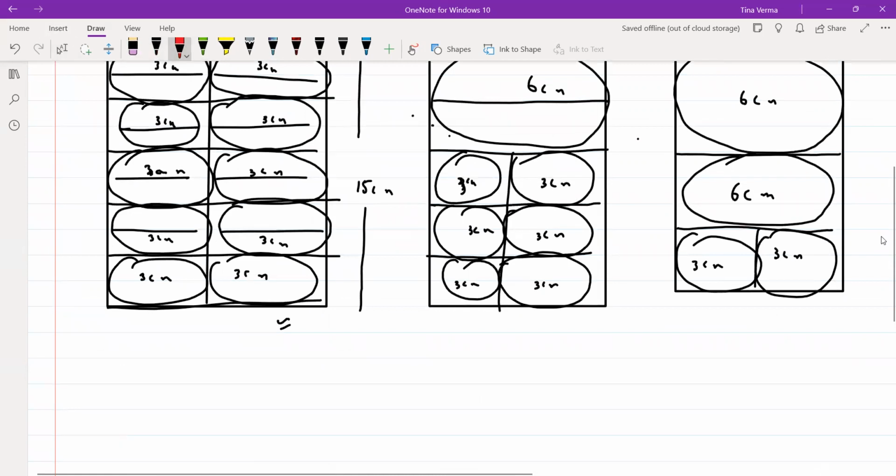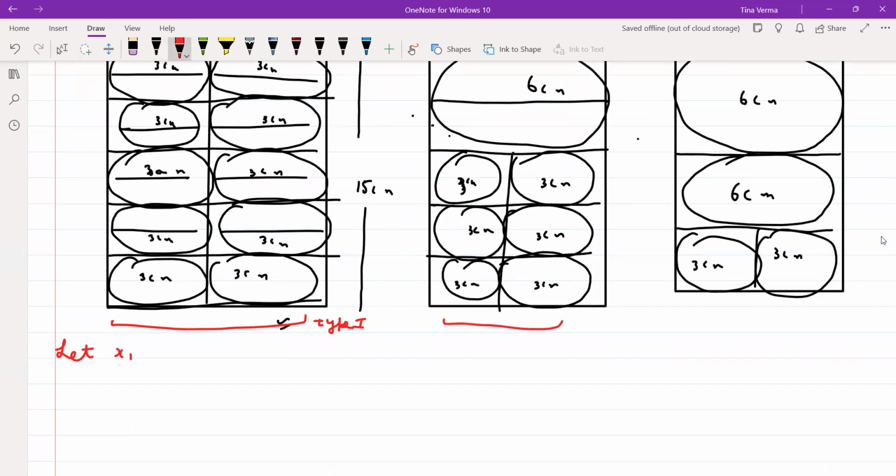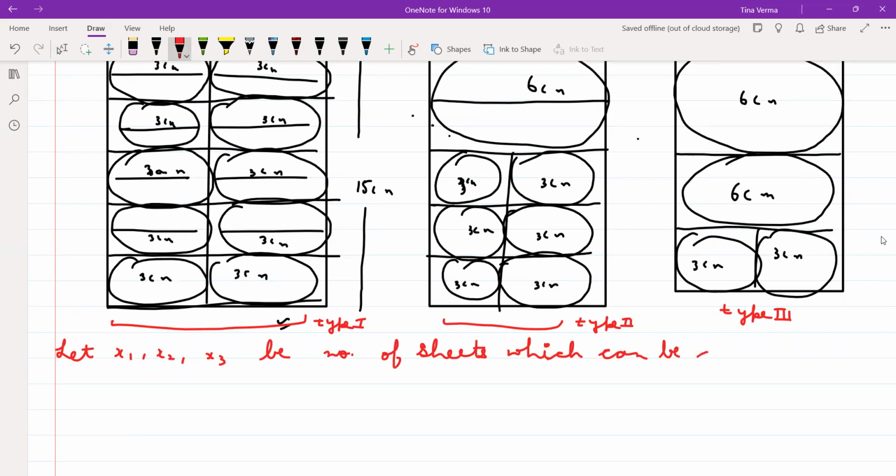So what you can decide from here, let x1, मैंने ये मान लिया कि टाइप 1 पैटर्न है, and this I am taking type 2 pattern, this I am taking type 3 pattern. So let x1, x2, x3 be the number of sheets which can be cut by pattern of type 1, 2 and 3 respectively.